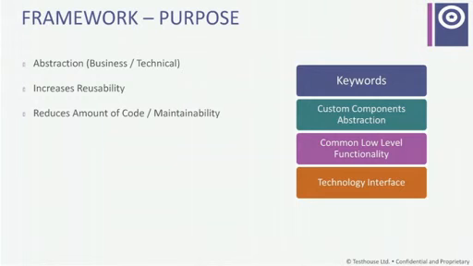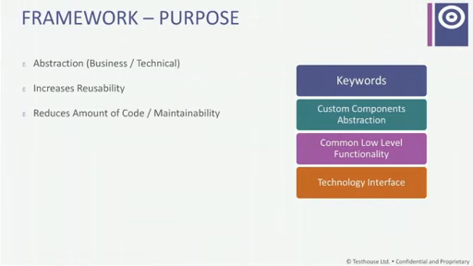So if you want to write a test, instead of having to interact with maybe technology-specific objects, you might say, okay, I'm going to write it in such a way that is technology agnostic, for instance. So we use abstractions for both purposes. One is technical, to hide the complexity, and also for business purposes, where you want your test to be more understandable by SMEs, subject matter experts.